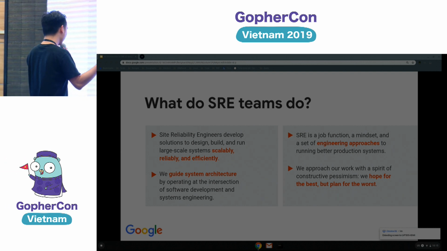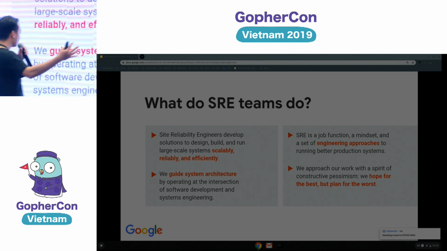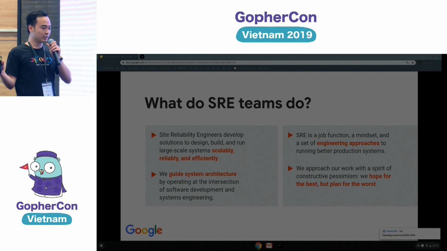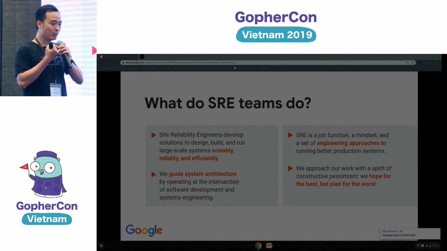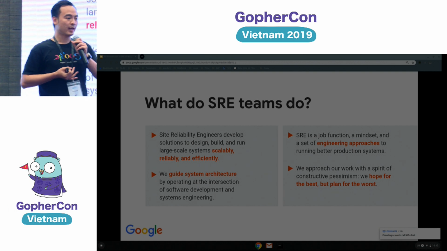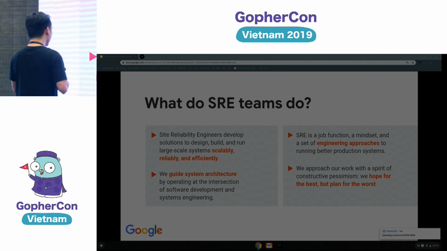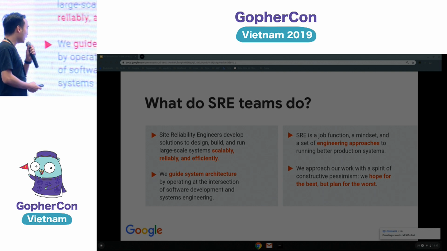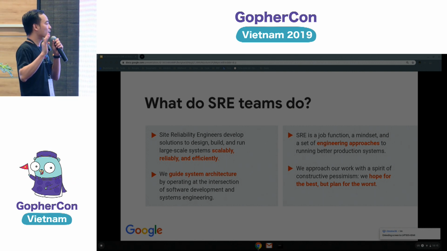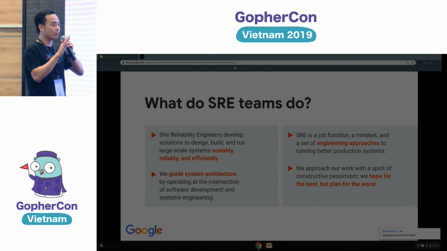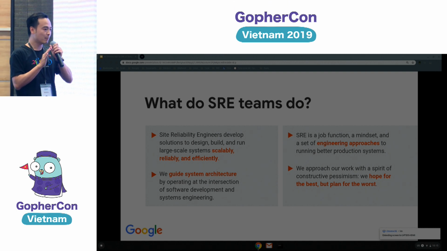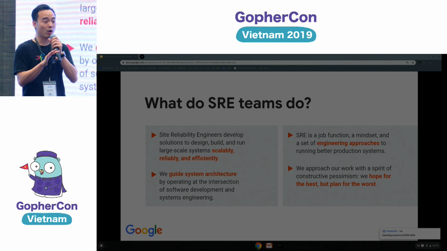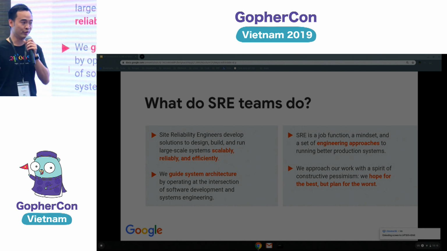We build and run a very large-scale system in a reliable way, in an efficient way, and in a scalable way. And we know that we always hope for the best, but we also plan for the worst. So we always have a plan B or C or D.